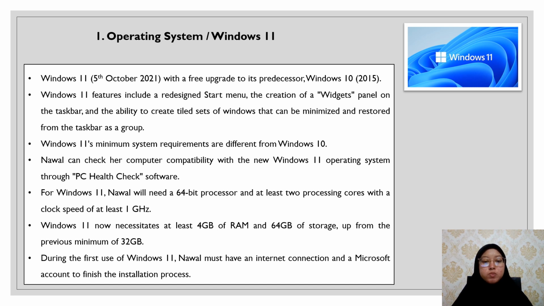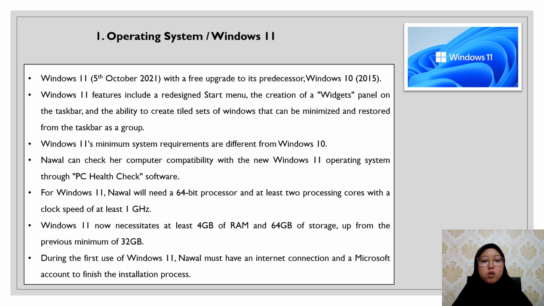Windows 11 minimum system requirements are different from Windows 10. Nawal can check her computer compatibility with the new Windows 11 operating system through PC Health Check software. For Windows 11, Nawal will need a 64-bit processor and at least 2 processing cores with a clock speed of at least 1 GHz.